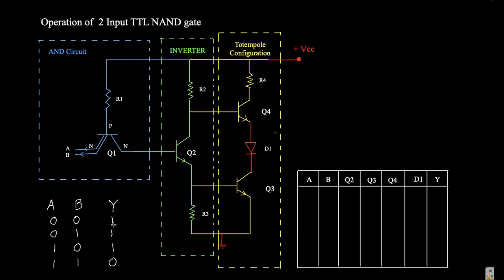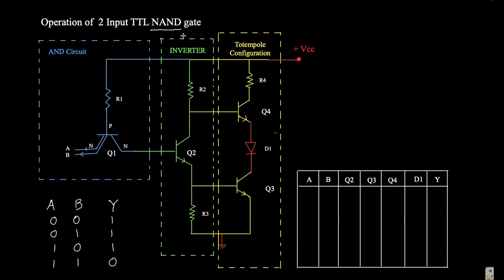So to make a NAND gate using transistor logic, we should divide this circuit into three parts. One is the AND circuit, the second is the inverter circuit, and the third is the totem pole configuration. I will explain the totem pole later, but the question is that you have to prepare a NAND gate.